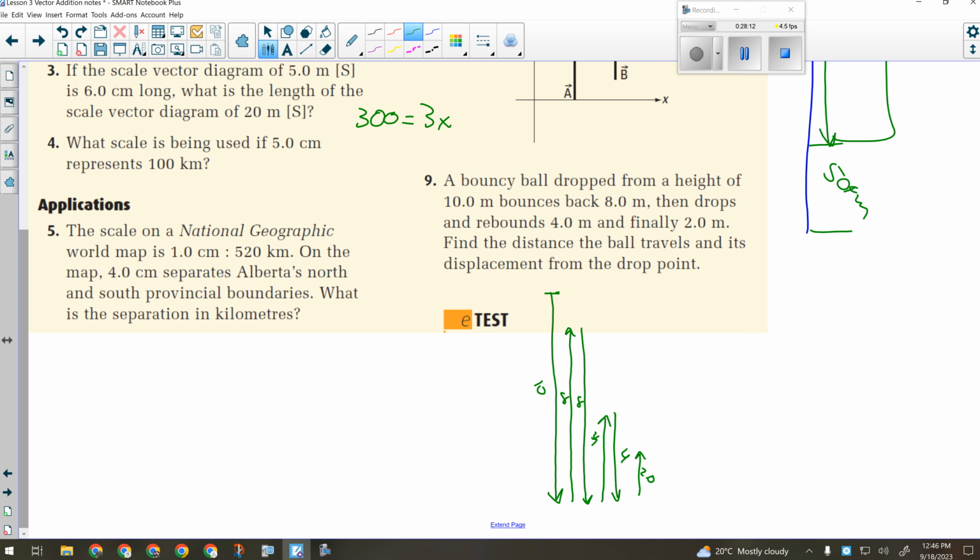Find the distance the ball travels and its displacement from the drop point.